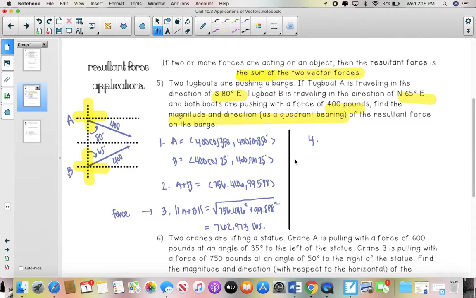So then the next step you're going to do is find the angle. This gives us our magnitude, which is good. Now we need to find the direction, and we do tangent of theta equals b over a. These are some big numbers, so it's going to be weird to work with. 99.588 over 756.446.